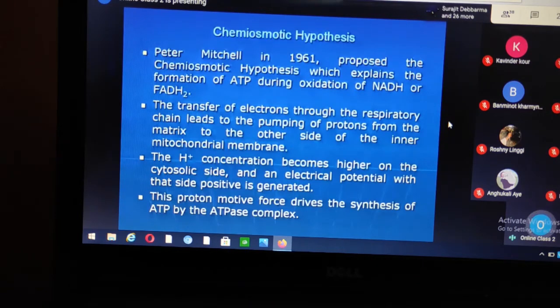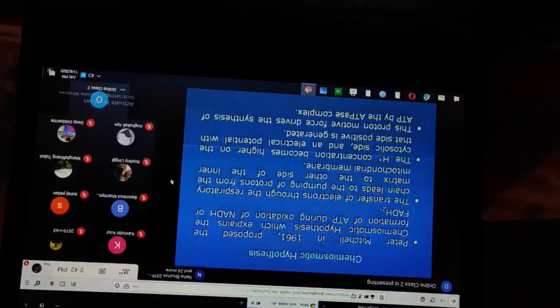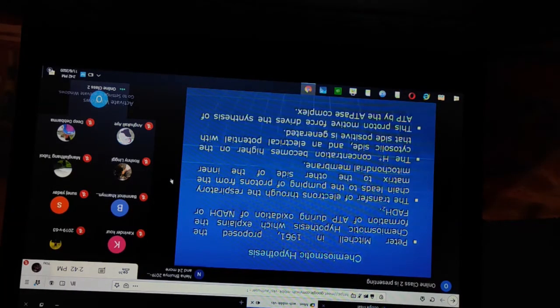What he says is that the transfer of electrons through the respiratory chain leads to the pumping of protons from the matrix to the intermembrane space, which is used to form ATP.